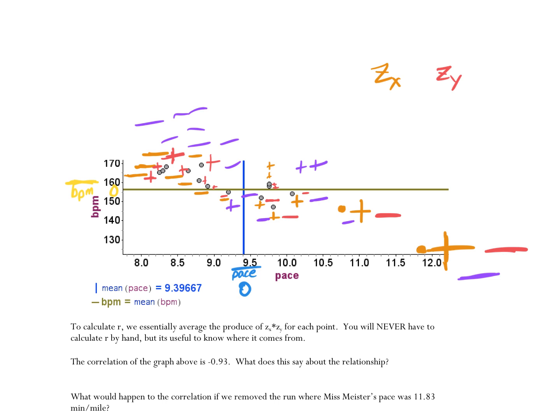So we can almost think of the means as like x and y axes. They're not the x and y axes, but we can start to think of them that way. Okay, so here's what r is. R is equal to the average of these products.